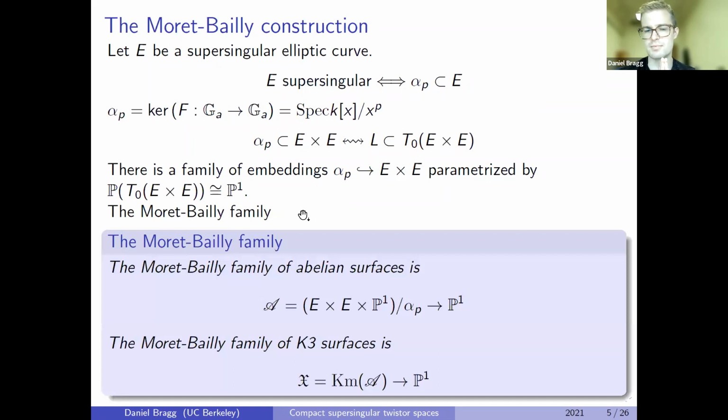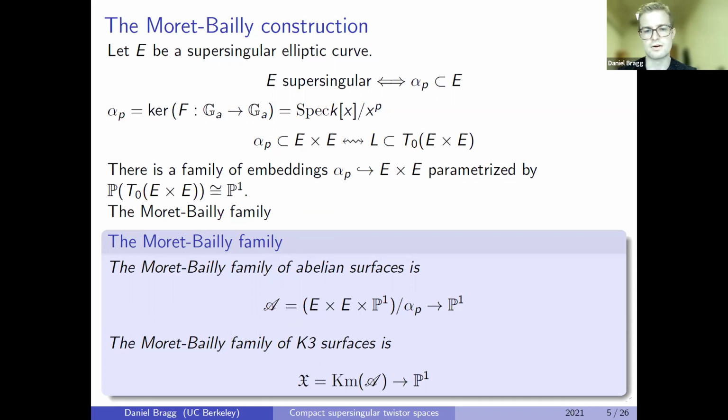First, let me describe the family of abelian surfaces. I call it curly A. What you do is you take E cross E cross P1, and at each point you mod out by a different one of these alpha P's. This gives you a family of abelian surfaces over P1. They are supersingular in an appropriate sense of that word.